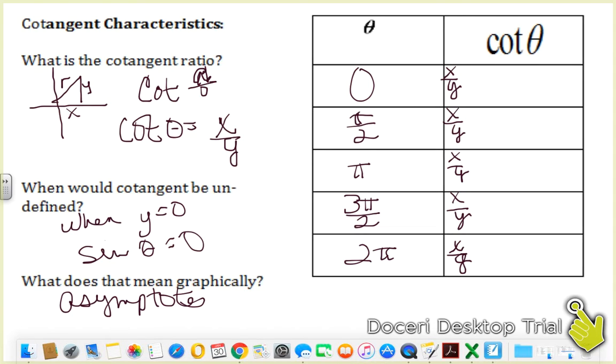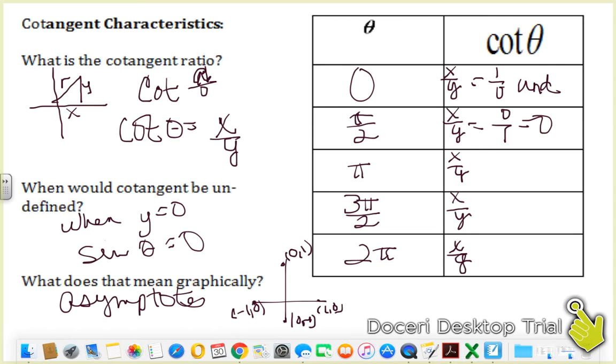Same graph that you have, so I'll just sketch it real quick. So 1, 0, 0, 1, negative 1, 0, and 0, negative 1. At 0, it will be 1 over 0, so that's undefined. Then at pi over 2, it's going to be 0 over 1, so that's 0.